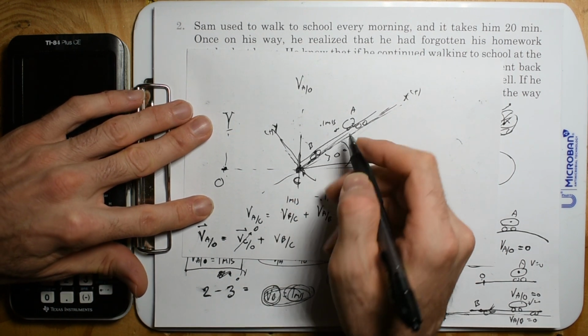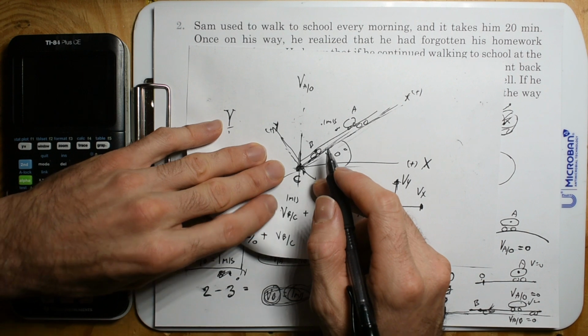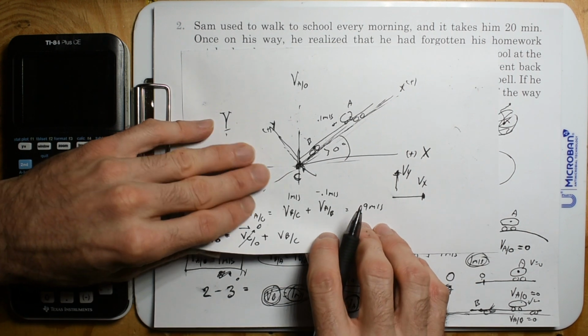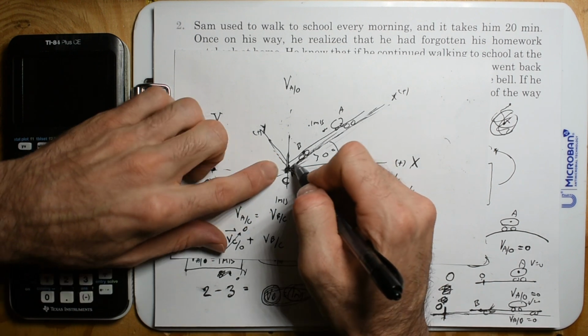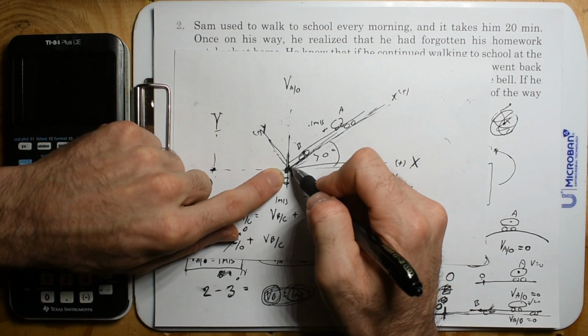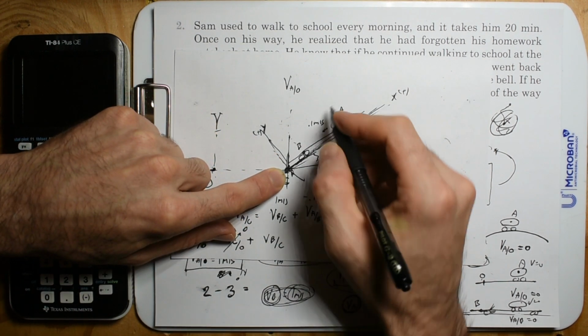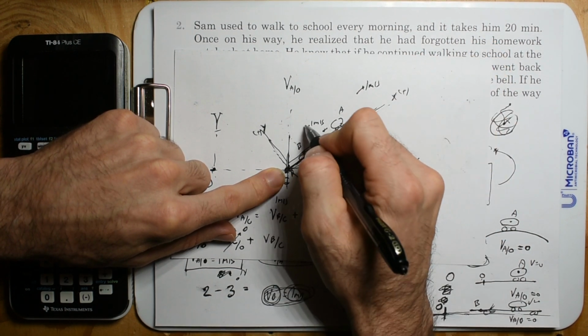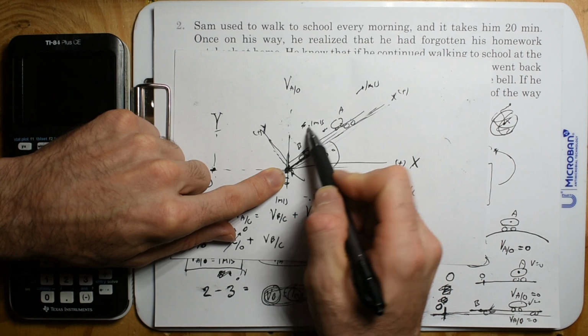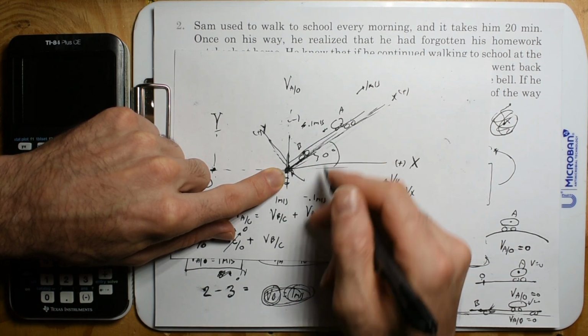And this is where you're like, oh man, I don't want to do this, but I should, just because it's good practice. This is for a different video. But I can see that the velocity of the train is just 1 meter per second in that direction. This is going to be 0.1 meter per second in the negative direction.